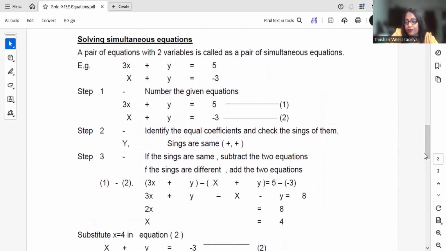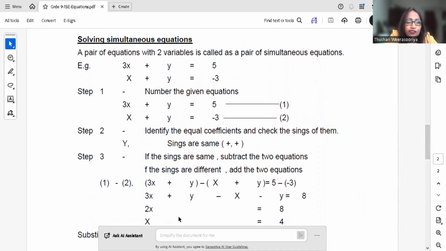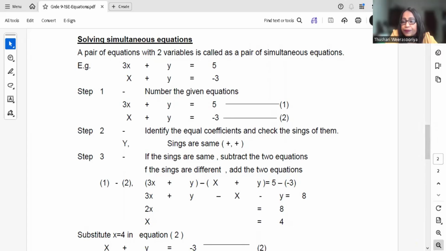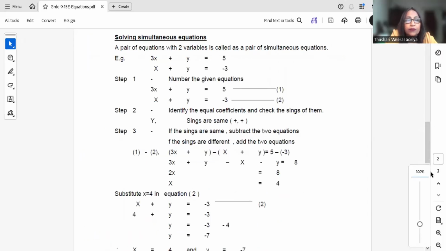Simultaneous equations. Now, as I said earlier, I have given the steps here. I'll do the same steps on the screen, then it's clear, right? With my handwriting. Solving simultaneous equations.